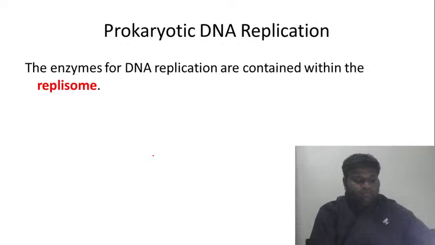Then there is one book by Cooper. Then for unit 3 you can go for Benjamin, Pierce and Watson. For unit 4 you can go for Lodish or Cube. For unit 5 you can go for Gilbert. For unit 6 you can go for Taiz and Zeiger.